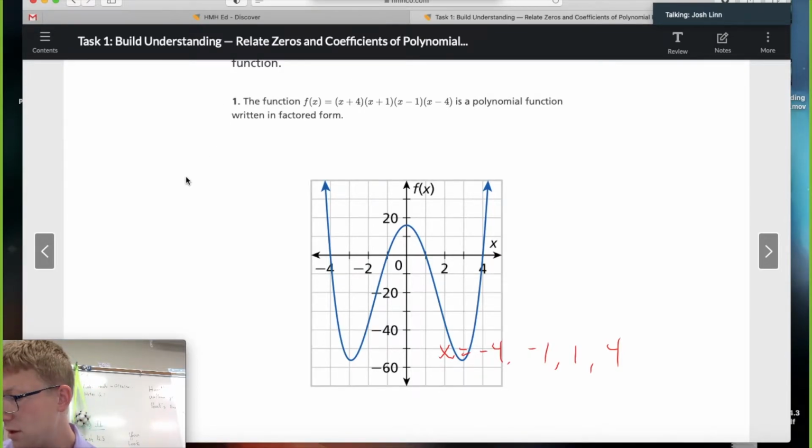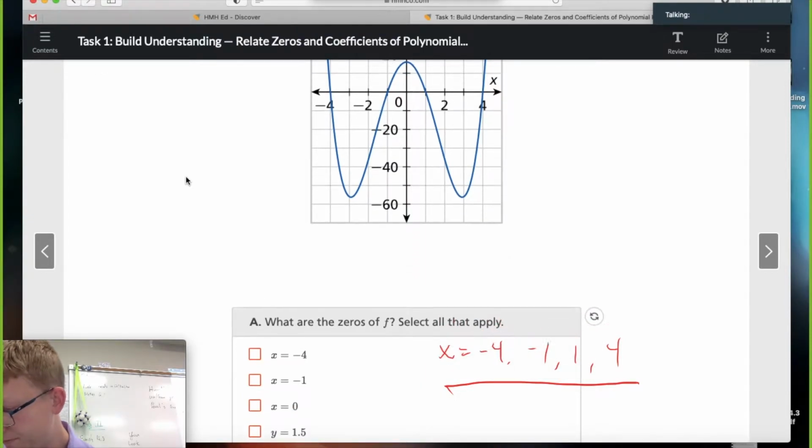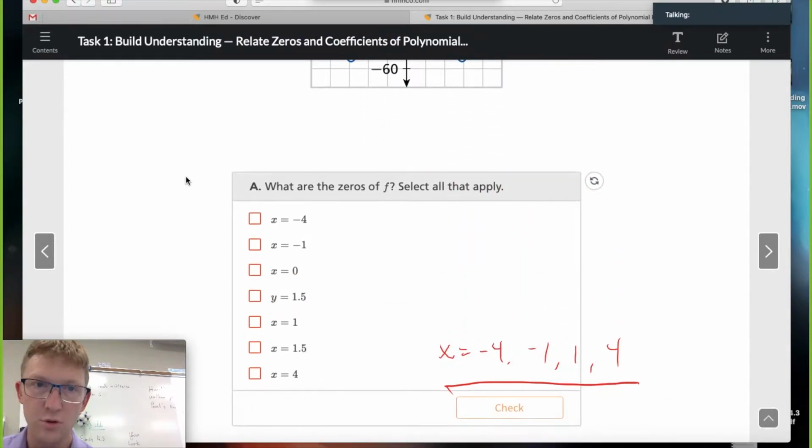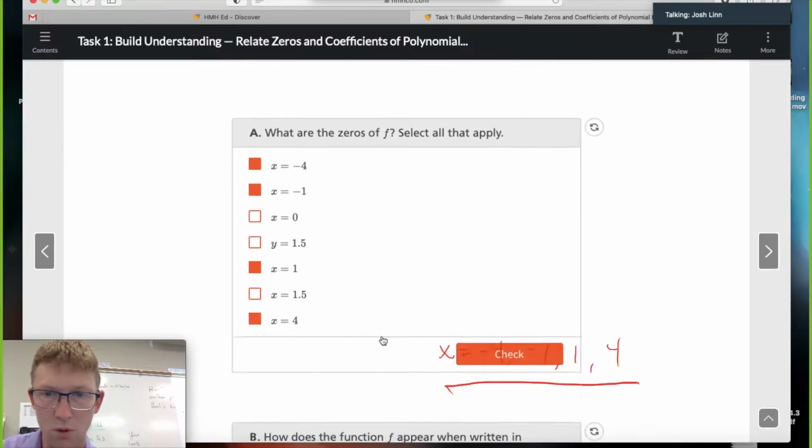If you were to graph it, note that the zeros, otherwise known as where it crosses the x-axis, correspond to our zeros. So what are the zeros of f? Select all that apply. We've got -4, -1, 1, and 4.